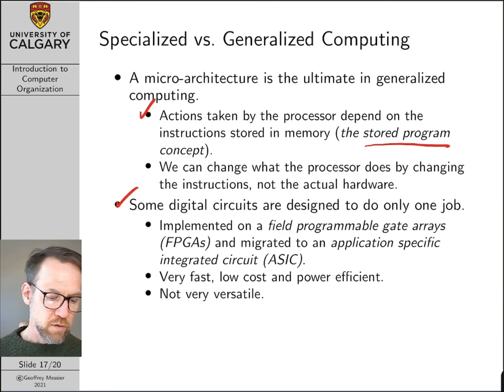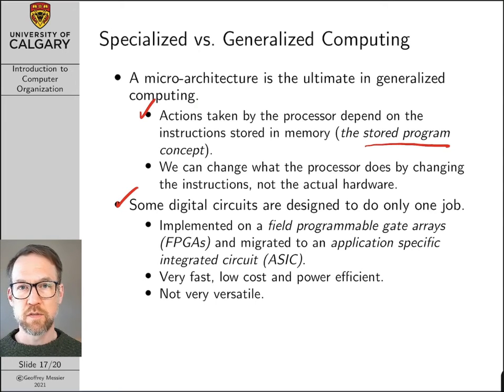It contains a whole bunch of digital structures that have some flexibility, but basically they're designed to do only one thing. Specialized circuits tend to be implemented first on field programmable gate arrays, or FPGAs. This is something that you'll be learning about later on in our program in a different class. And once you have this design implemented and tested on an FPGA, it's usually migrated to something called an application-specific integrated circuit, or ASIC.